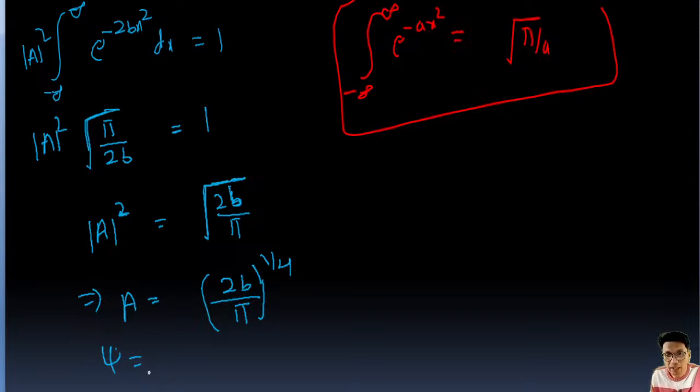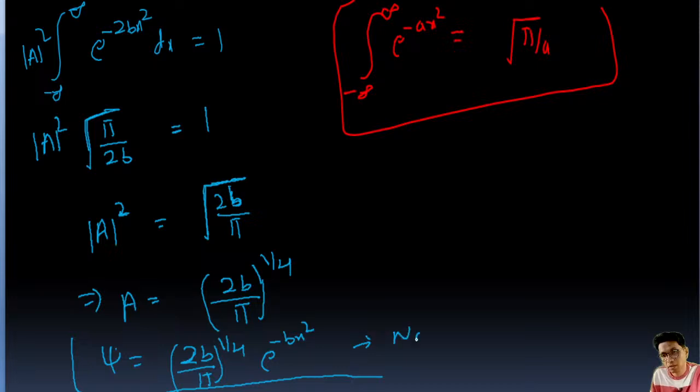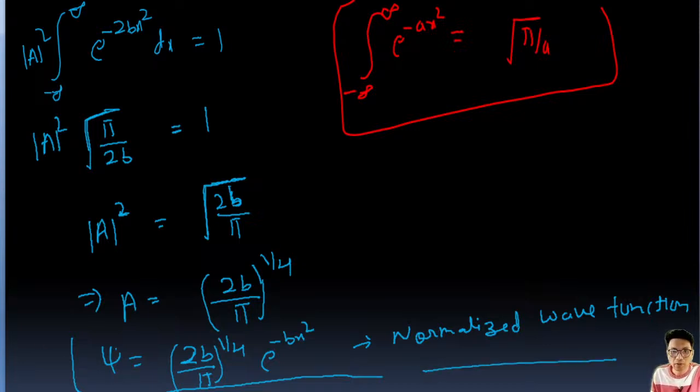Okay, so psi is going to be, with the value of A, 2b upon pi to the power 1 by 4 times e to the power minus bx square. Now this is the normalized wave function, guys. We have normalized it.